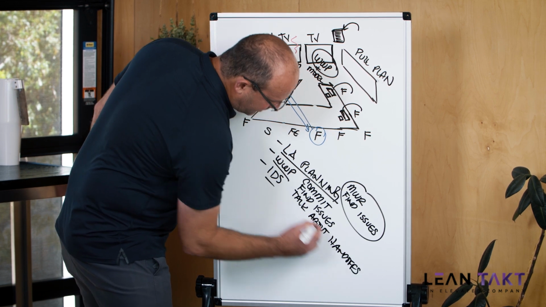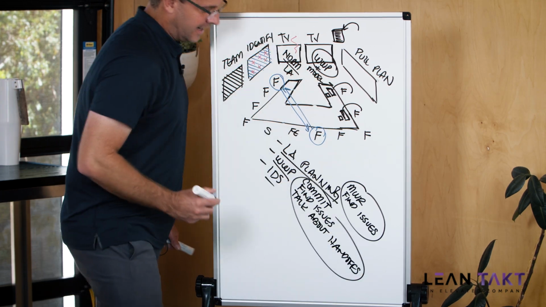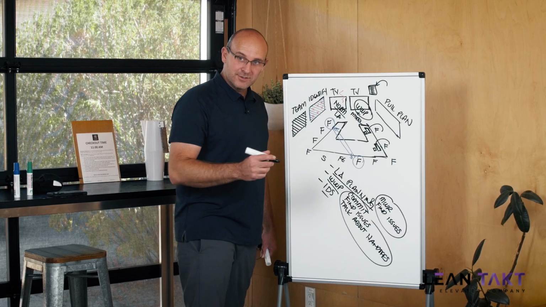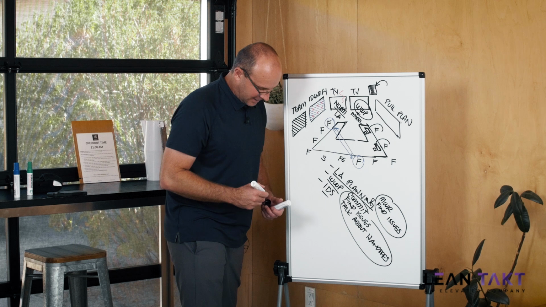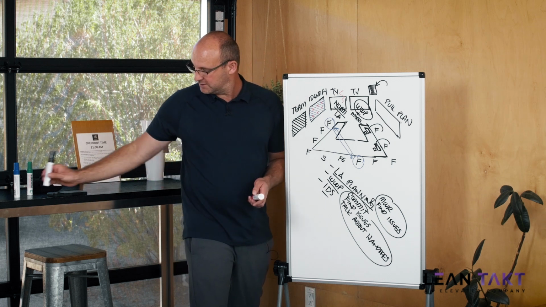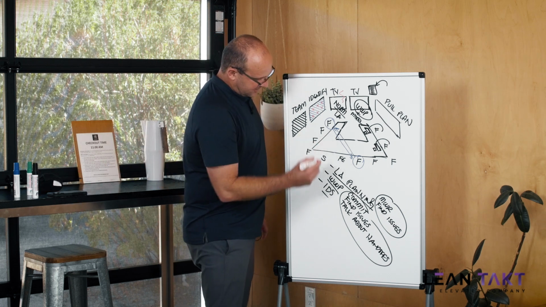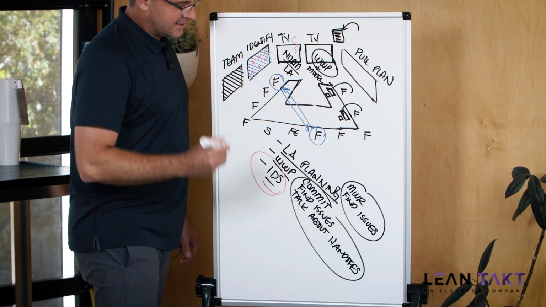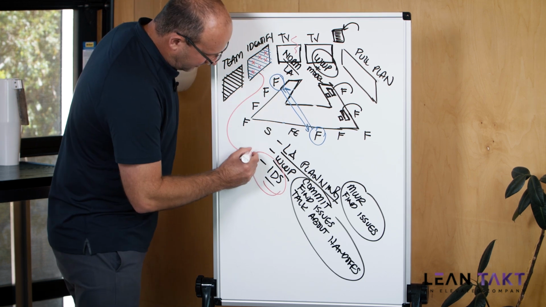Because handoffs are the most key thing, right? So you've done that. Then you can spend most of your time, 90% of the meeting, and actually I'll circle this in red because it's so brilliant, identifying, discussing, and solving problems. So that's this board, okay?